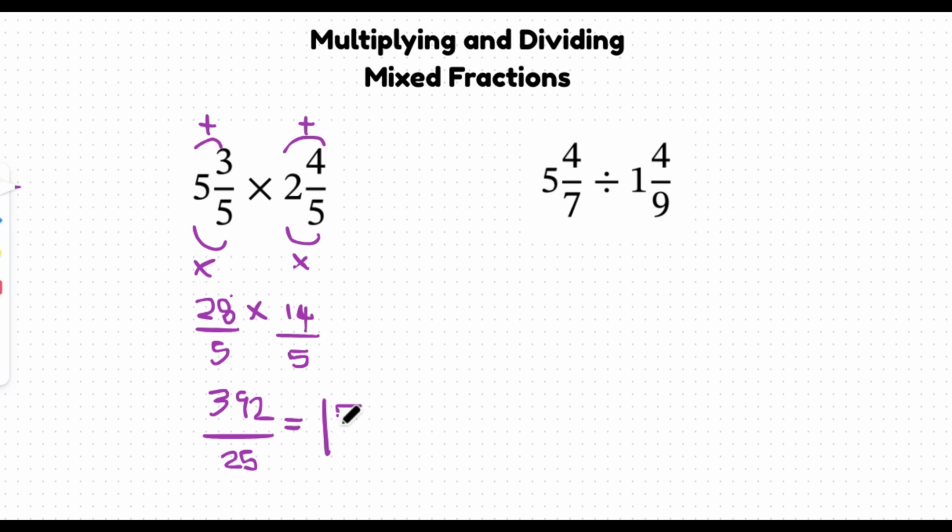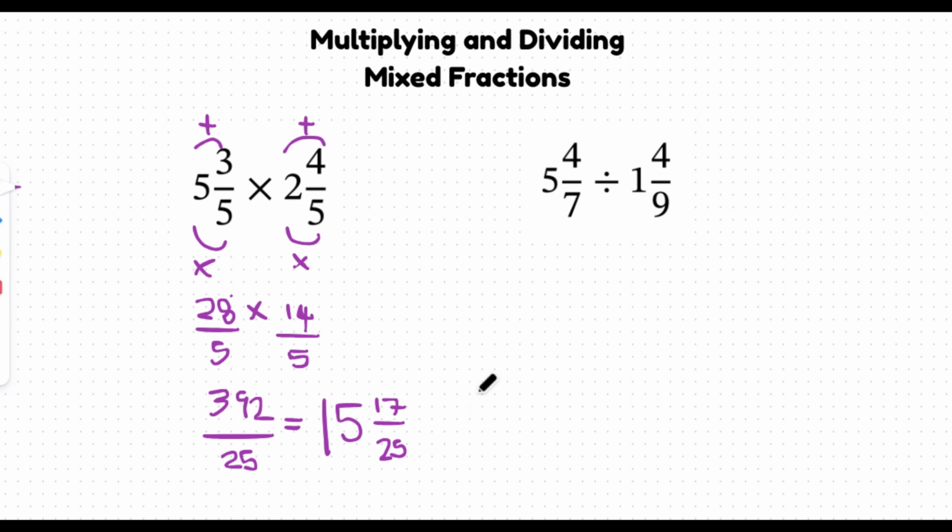So that is a whole number of 15. Then what we do is we say 392 minus 375. So the remainder is a clean 17 all over 25.